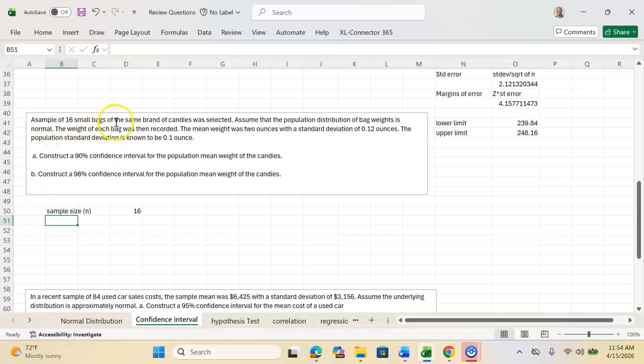So a sample of 16 small bags of the same brand of candies was selected. Assume that the population distribution of bag weights is normal. The weight of each bag was then recorded. Average weight was 2 ounces. So sample mean is 2 ounces.